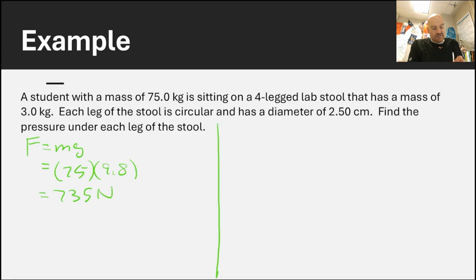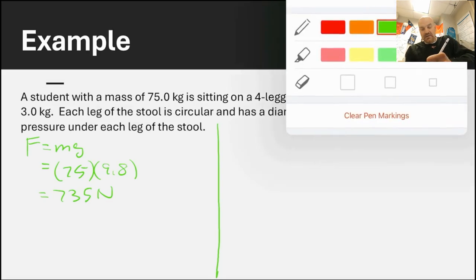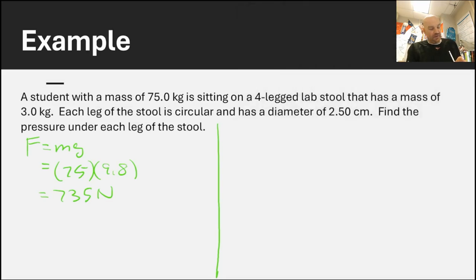And so you find that in total the student is exerting 735 newtons, but that is spread out amongst the 4 legs. So we need to find the force per leg. So we do 735 divided by 4, and we find that the student is exerting 184 newtons on each leg.